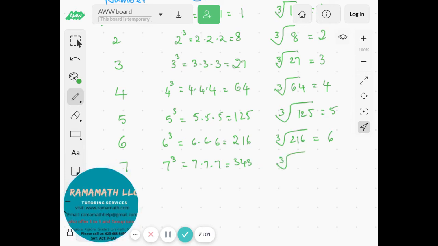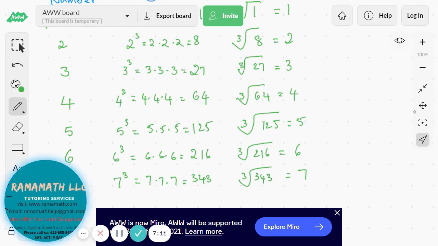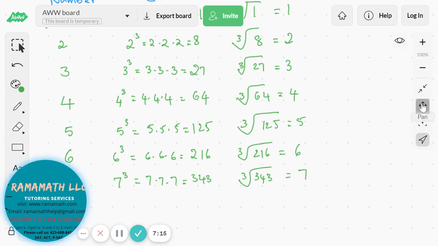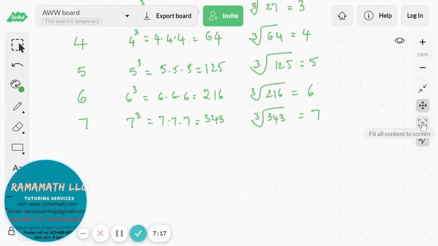And then the cube root of 343 is 7. So if you know these numbers, then in the questions you can see them and answer right away, pretty simply. Okay, so that helps you guys to understand better.